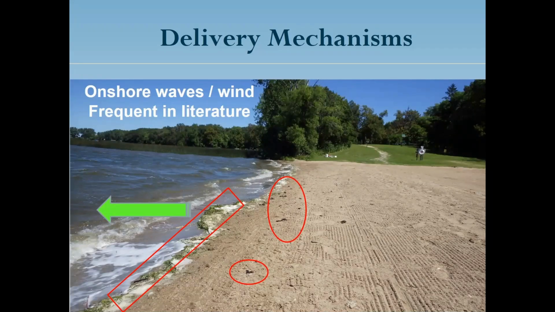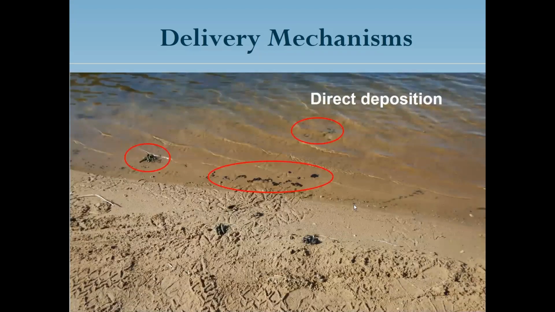Another issue at play that creates a situation where it's tough to predict when you would have high concentrations of bacteria: one could go to the beach and see lots of onshore waves, or come right after a runoff event and think, oh, maybe I should avoid this water. But another issue is that you could get direct defecation of material even on a day where you have very calm water, and you could get bacteria concentrations to increase locally because of that material being directly deposited in the water itself.